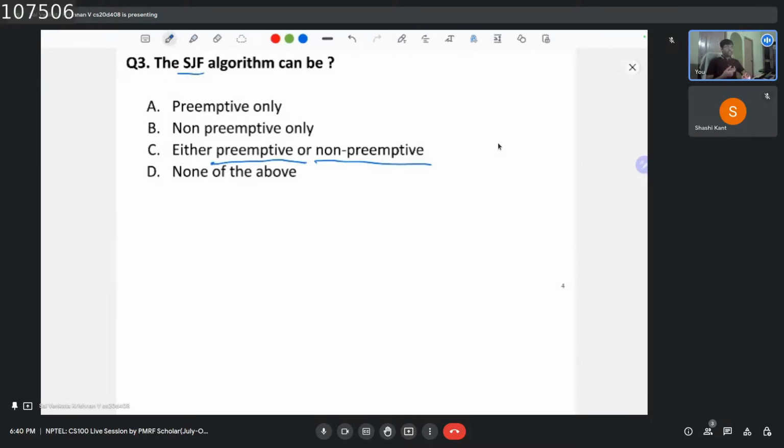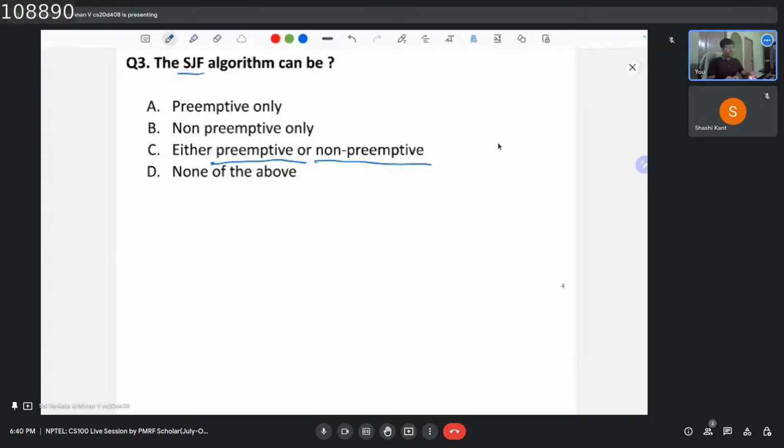In a preemptive version, if a process with a shorter CPU burst gets added into the ready queue, then the currently executing process would be preempted, and that shorter job would be scheduled and executed on the CPU.